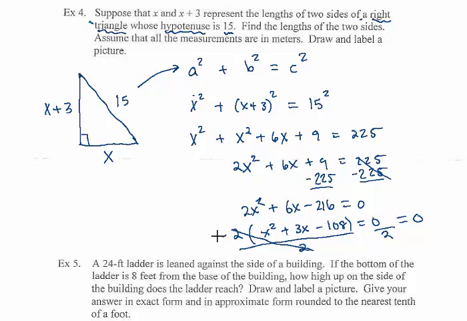So I'll go over here. Here's what we're left with. We want to concentrate on factoring the trinomial on the left. And if you play around with the numbers, you will end up with a minus 9 and a plus 12.